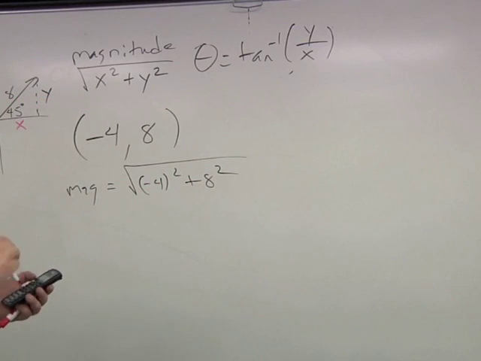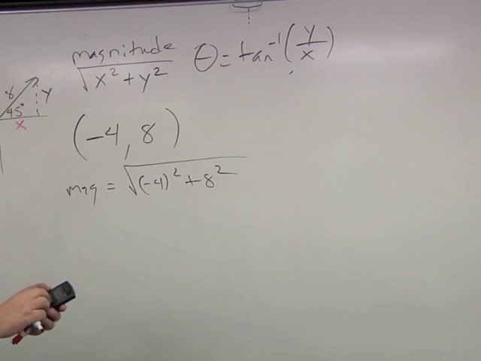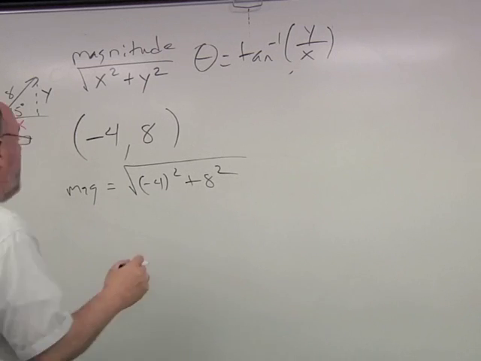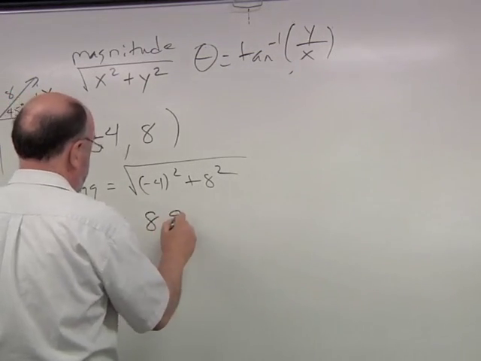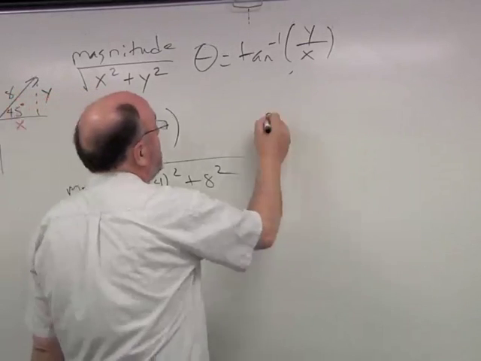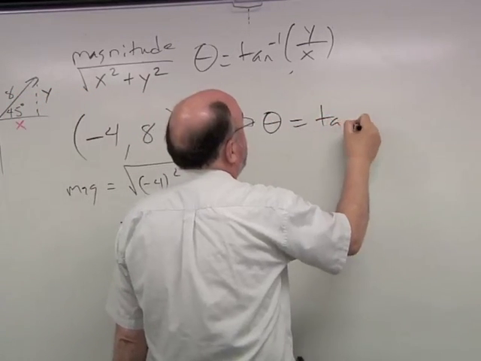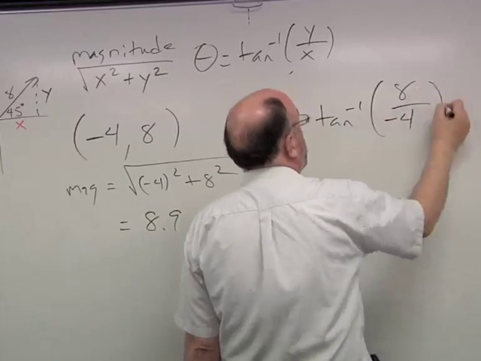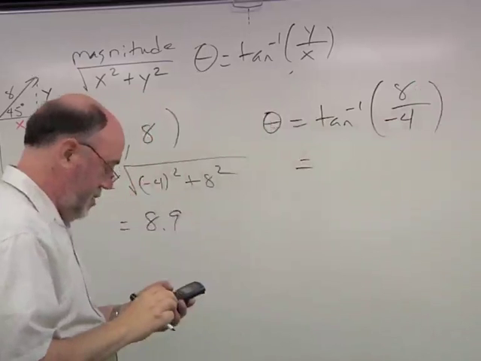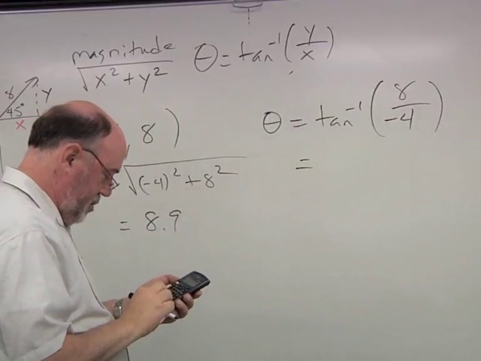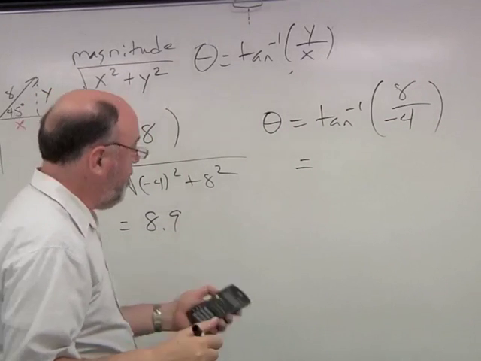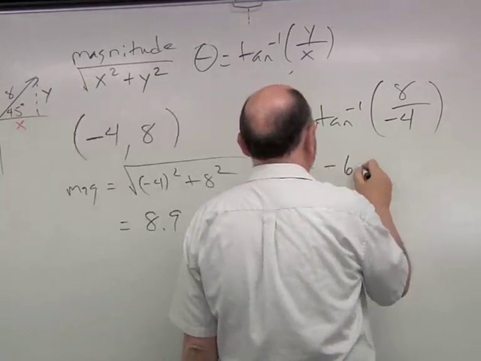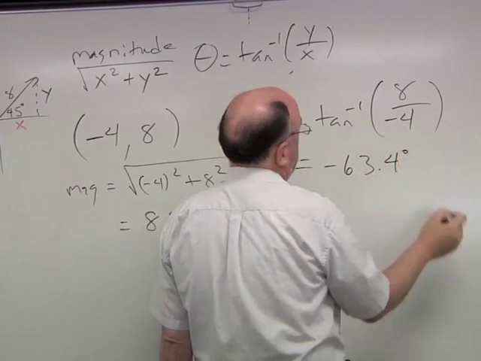And so we can put that in. And that'll give us 8.9. And then our angle of theta will be the inverse tangent of 8 over -4. And the calculator gives you an angle of -63.4 degrees. Right?